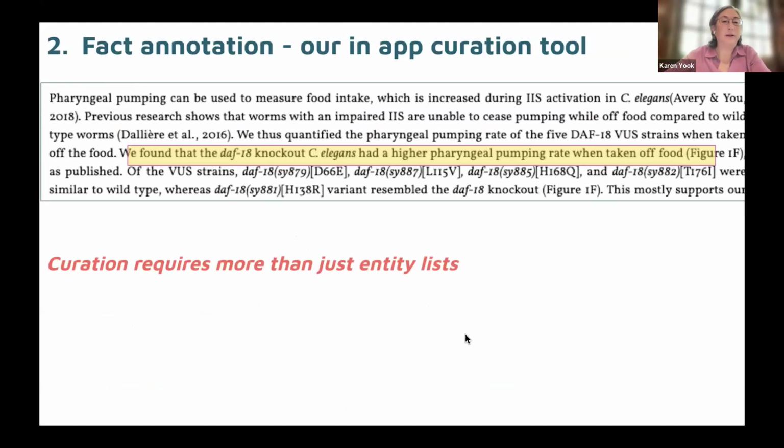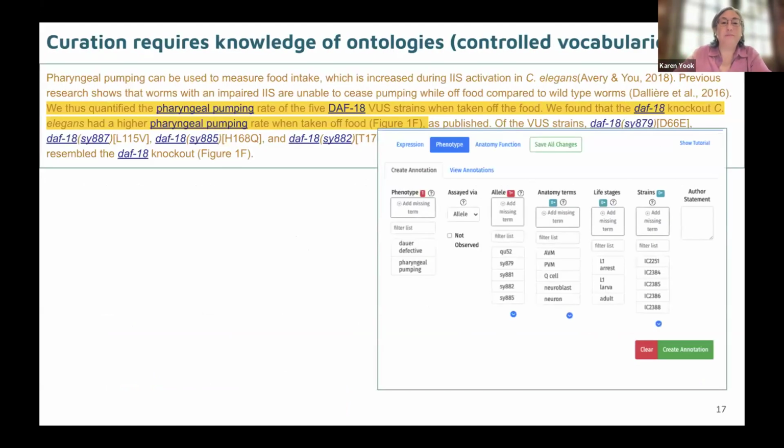So let's go on to the second part, fact extraction. What we want to curate is that this knockout of a gene has a higher pharyngeal pumping rate. So we require more than just entity identification. As I mentioned, Valerio in the very beginning helped us build curation forms into our system.